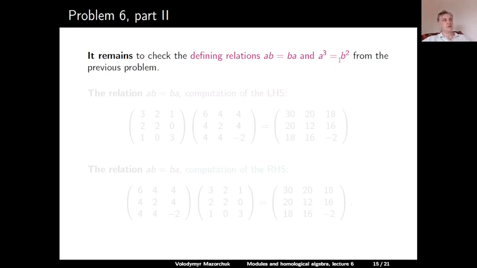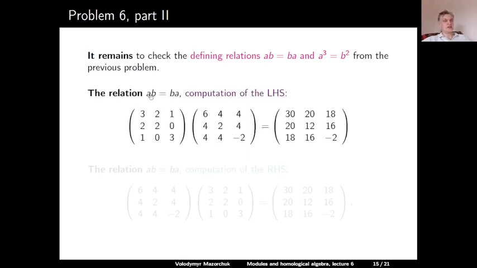So in order to prove the assertion of our problem, we need to check that our matrices satisfy these defining relations. So first, for the relation AB is equal to BA, we compute the matrix for A times the matrix for B, and we get the matrix (30, 20, 18; 20, 12, 16; 18, 16, -2).